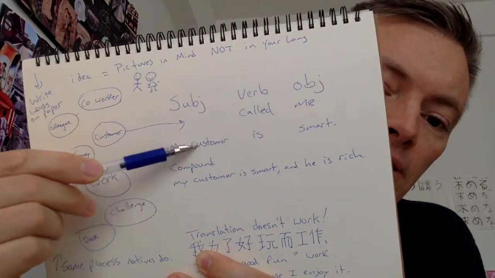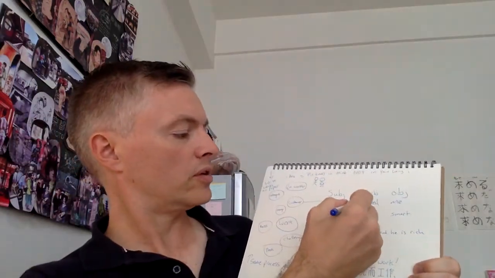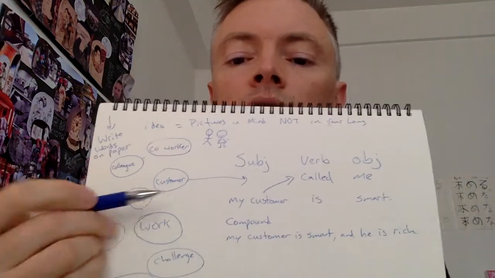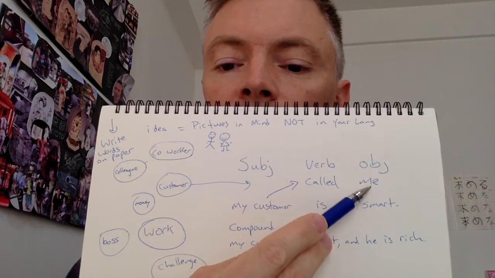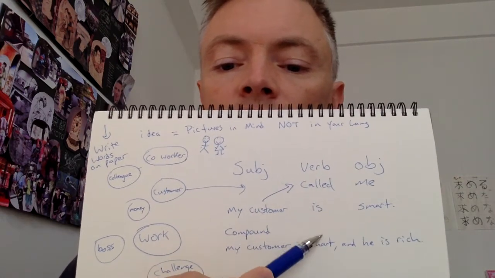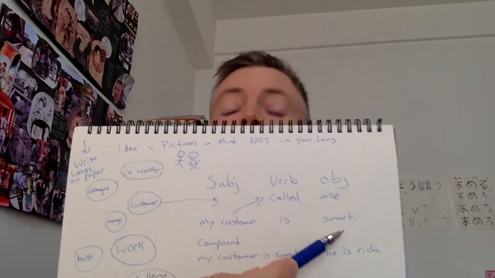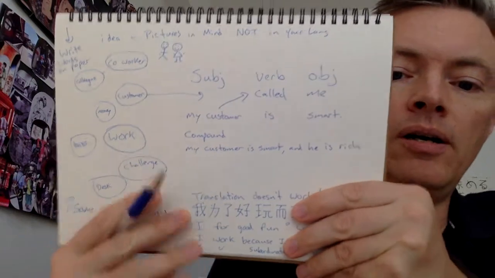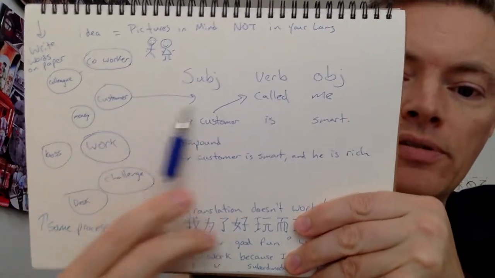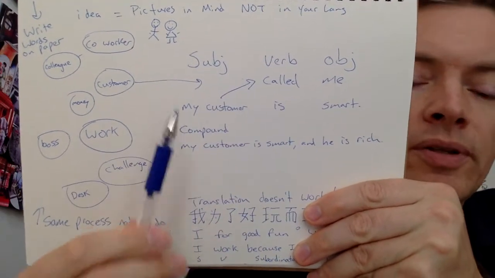So here, my customer called me. The customer is doing this, called me, or my customer is something, he's smart. Those are the two major ones you need. You can write most things in English with just those two concepts: he's doing something or is something. Sometimes it's need or want, but that's fine.